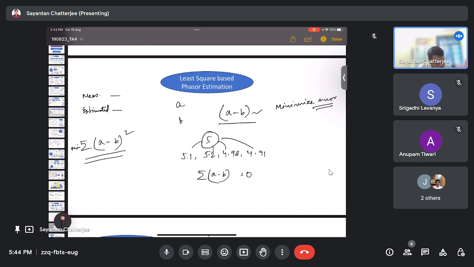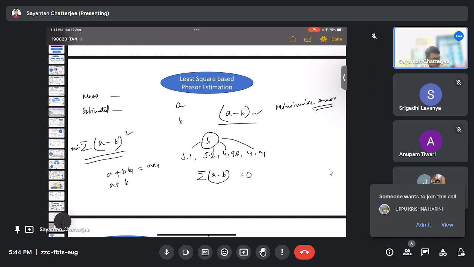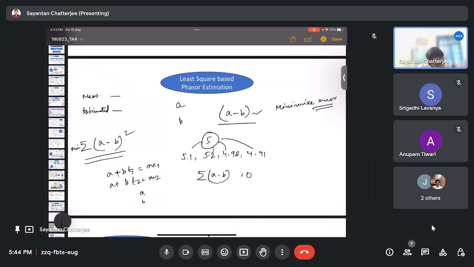So we need to find out a and b. a plus b t1 will give some measurement m1, and a plus b t2 would give m2. In this manner, from the least square estimation we need to find out a and b, which is the state vector that needs to be estimated.